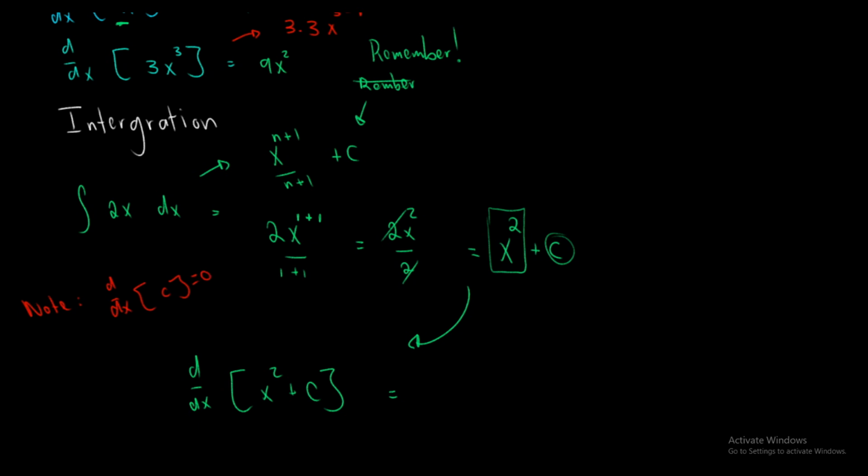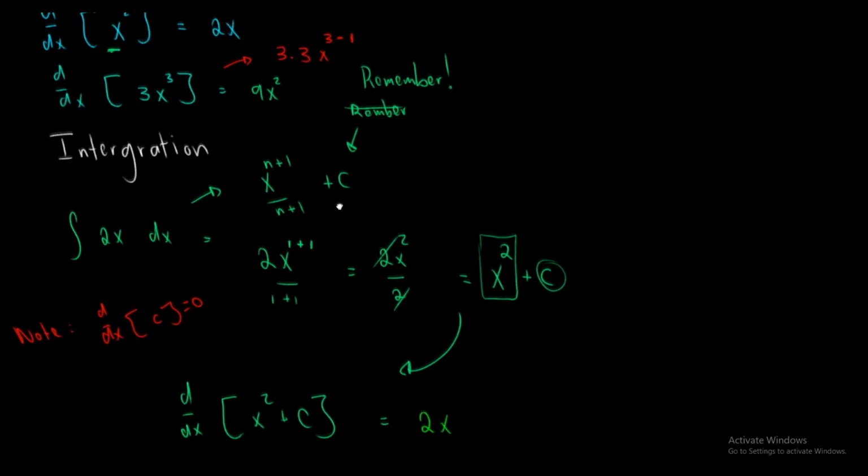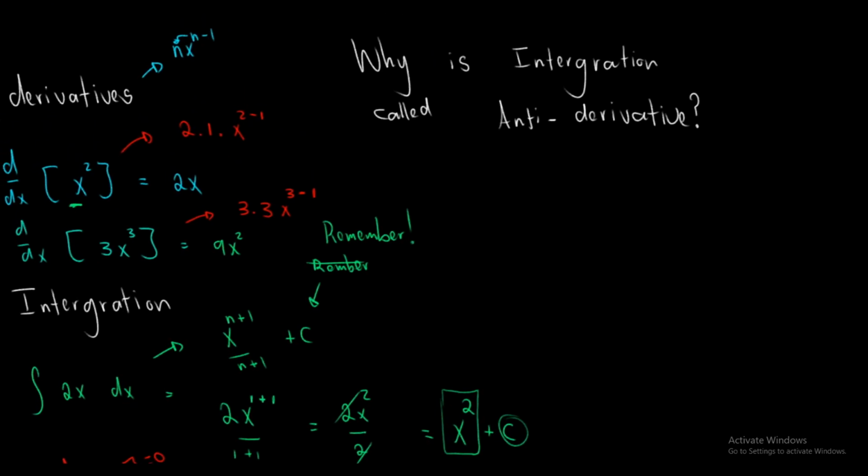So if I attempt to solve this one now, it's just simply going to be 2x again. Why do they seem like opposites? Well, that's for you to conclude, since you've heard this word antiderivative, right?